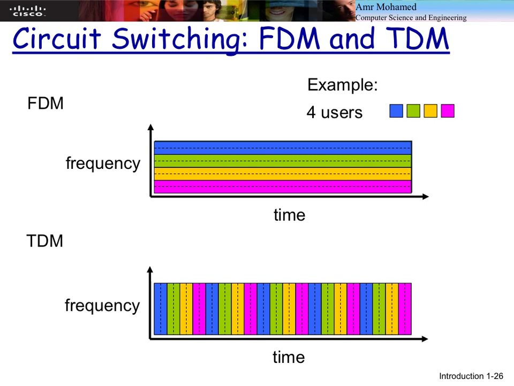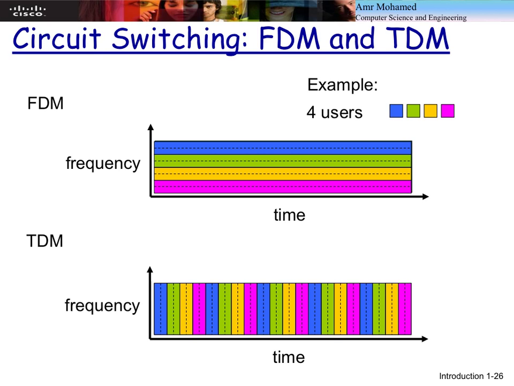Let's say I divide the 1 megahertz into 4 channels. This means that this line can support 4 circuits, which means that this particular link can be used by 4 users concurrently at the same time. If there are more than 4 users, tough luck. I cannot accommodate your call.